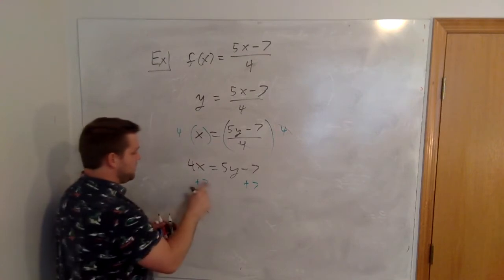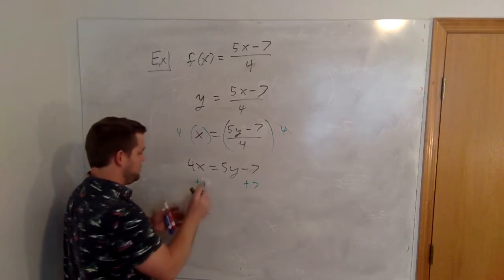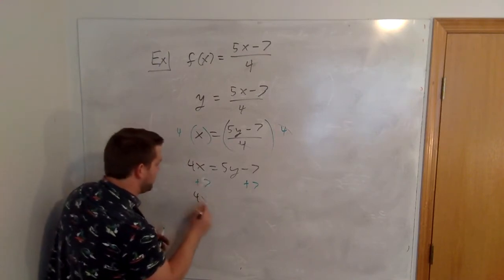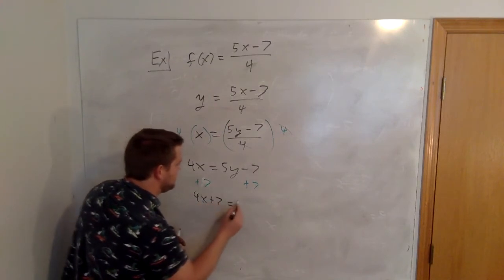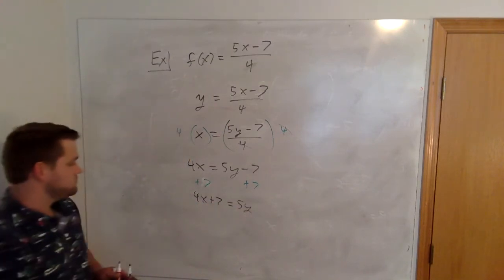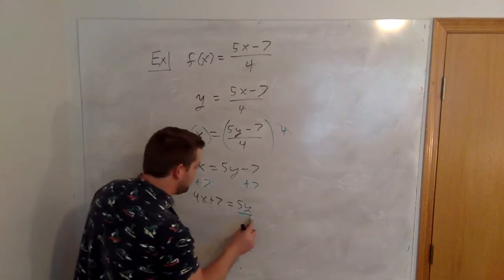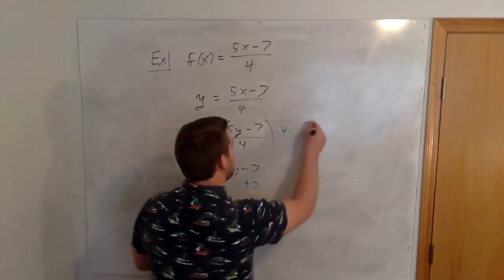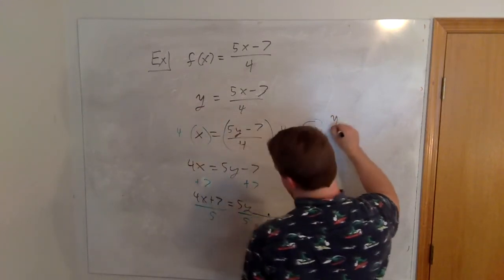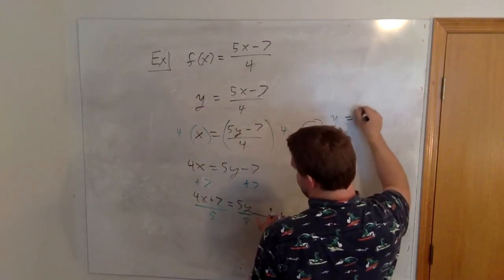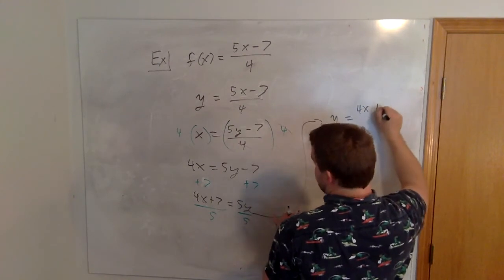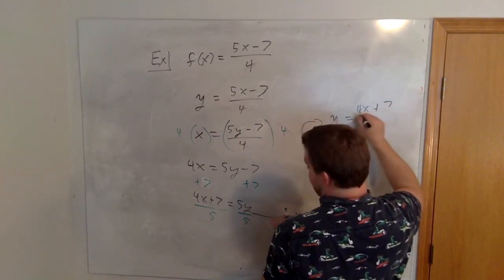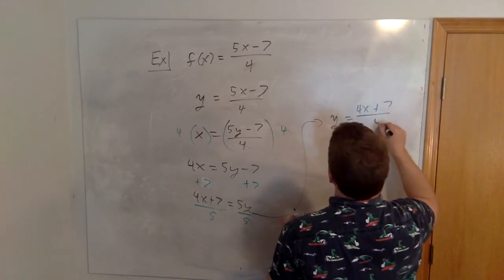So we'll end up getting 4x plus 7 is equal to 5y. Now we can divide both sides by 5. And now we're going to get that y is equal to 4x plus 7 all over 5.